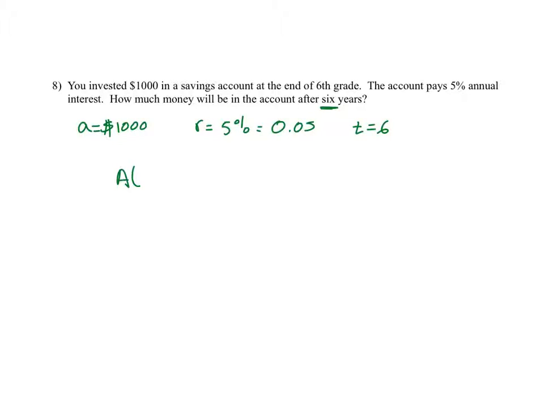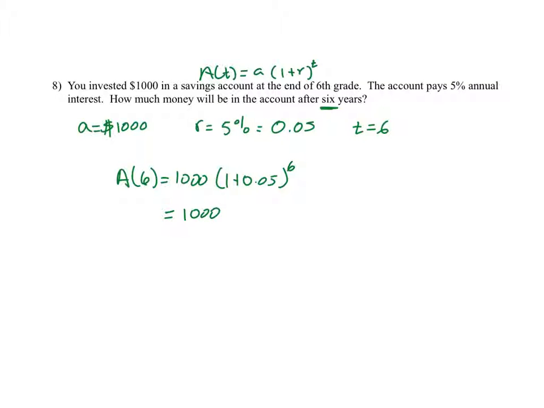So A of 6 equals 1,000 times 1 plus 0.05 to the 6. Again, the formula was A of t equals A times 1 plus r to the t. So we're just going to go to our calculator.